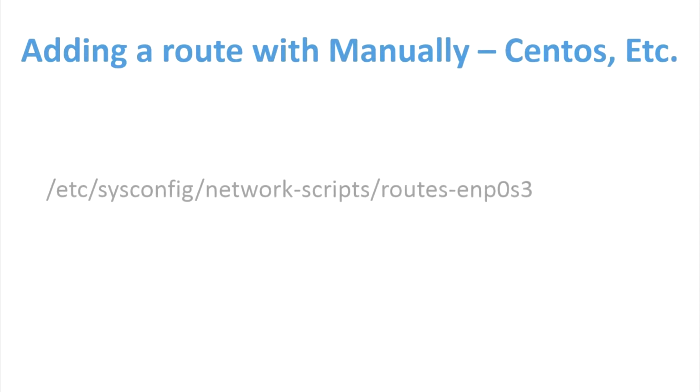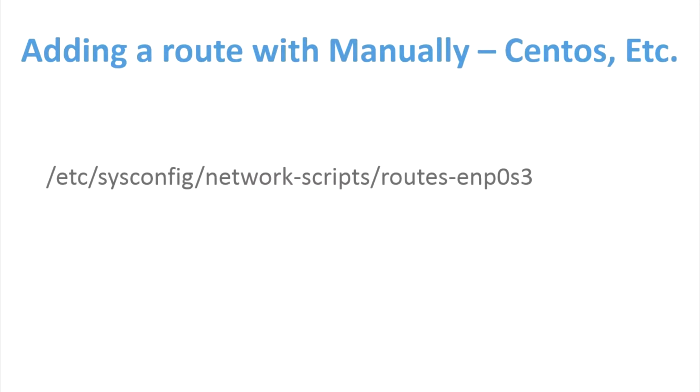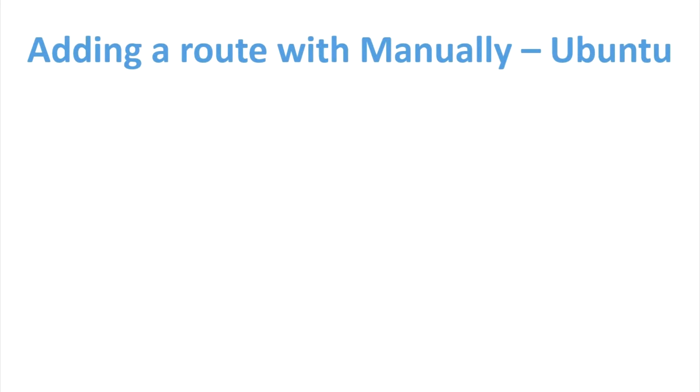The second way to set it manually, if you are not using Network Manager, is to add the route to the configuration file. On CentOS, Fedora, and Red Hat, you will create a file called route-connection name, like route-enp0s3, that corresponds with the CFG file that you're using, and you will put in the same information in a little bit different way, in this case the network via the gateway.